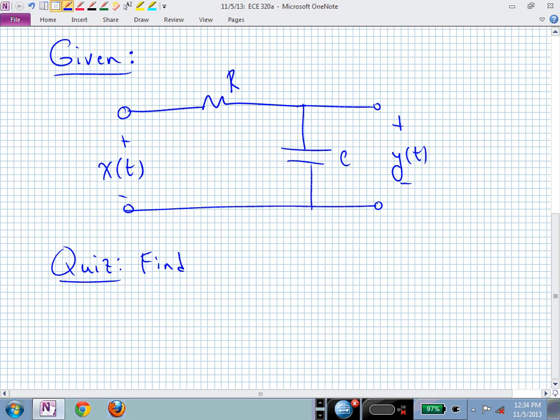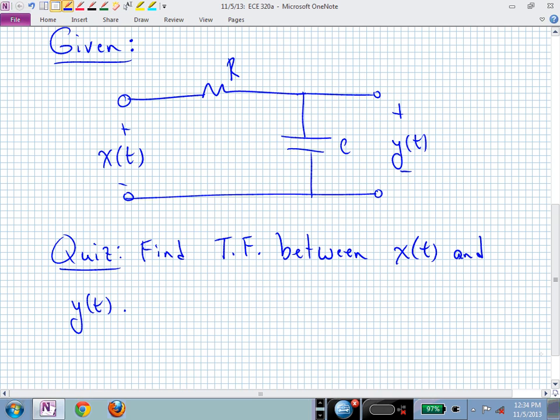Never mind. All right, so here, find the transfer function between x of t and y of t. Is it clear how you would approach that problem, and what you would be looking at or seeing?